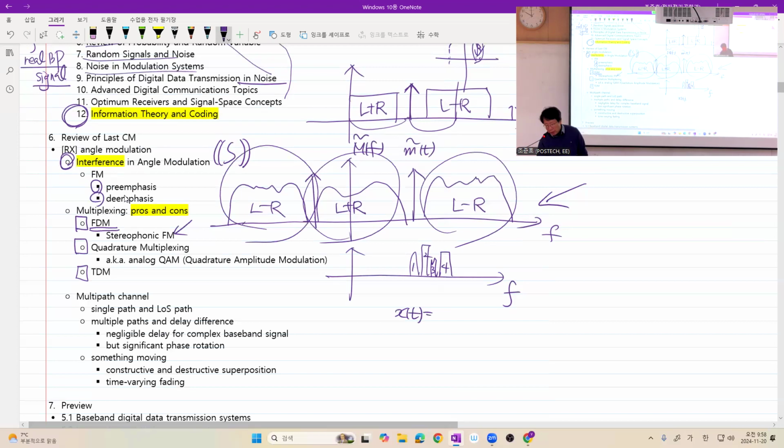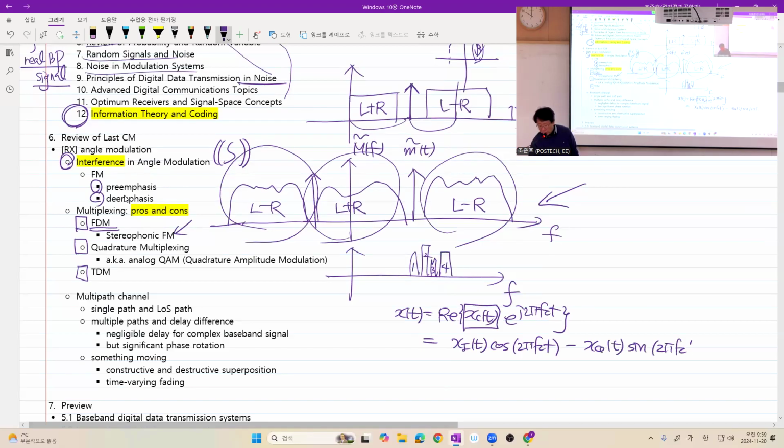Since we are handling a real-valued bandpass signal, the real part of a complex baseband times a complex sinusoid, if we take the real part of the complex envelope and the imaginary part of the complex envelope, we may put two real baseband signals.